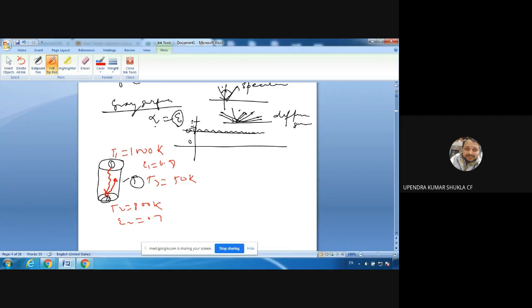Let's say this surface is opaque, meaning there is no transmission, but since it is a diffuse surface, the radiation from surface 1 reaching surface 2 is reflected in all directions.